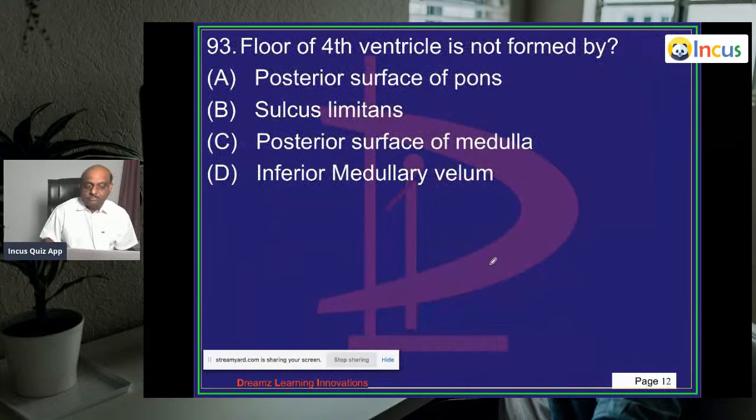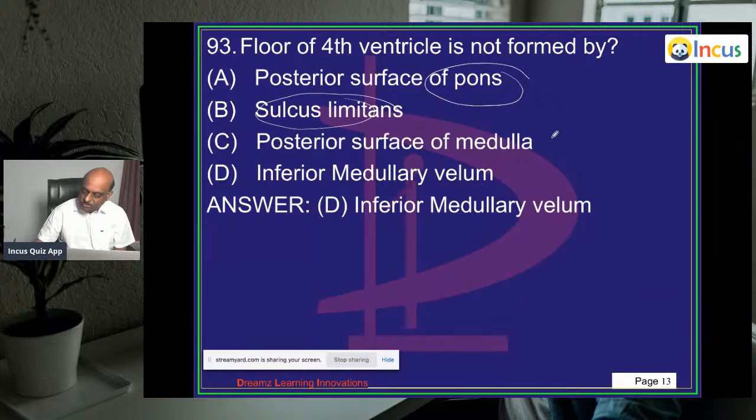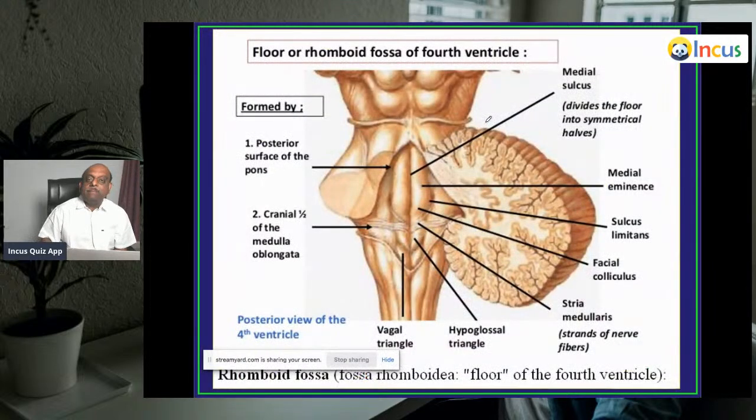The floor of the fourth ventricle, how is it formed? With the posterior surface of the pons, sulcus limitans, and the posterior surface of the medulla. The median sulcus divides the floor into symmetrical halves. The floor of the fourth ventricle is also called the rhomboid fossa.